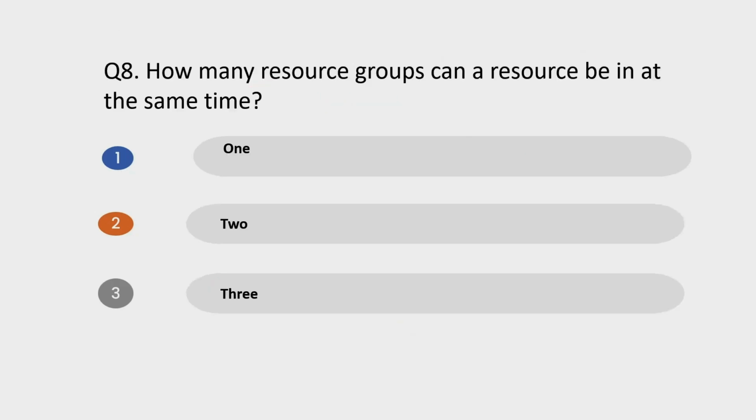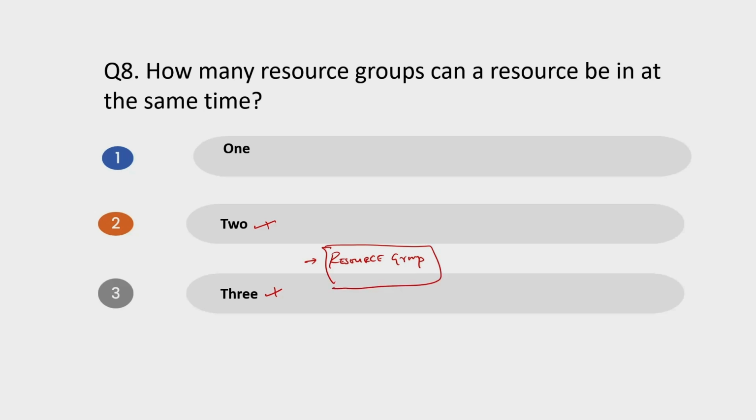Question number 8. How many resource groups can a resource be in at same time? So let us eliminate the wrong answers. 3, 2, definitely not, because you can have multiple resource groups.